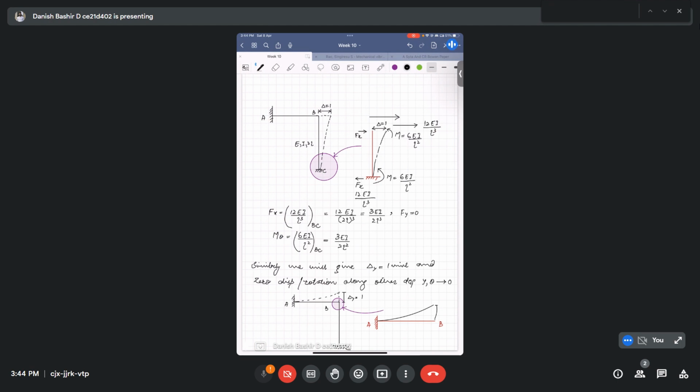It is having delta y equal to 1. Moments of this type will get induced in it, and one more moment like here. It will be 6 EI, delta is 1, by L square, and we will have forces like this.